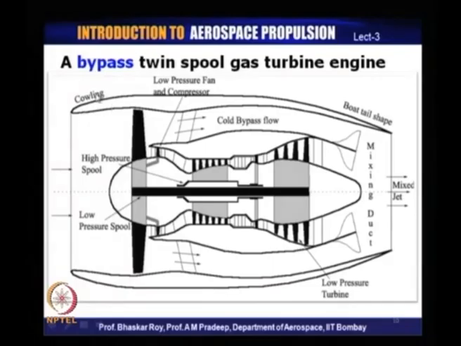Now, design of this intake is a very intricate affair, it is not simple, and this shape of the intake over here, often referred to as cowling, is very important for the aerodynamic efficiency of the operation of this jet engine when it is flying with an aircraft.